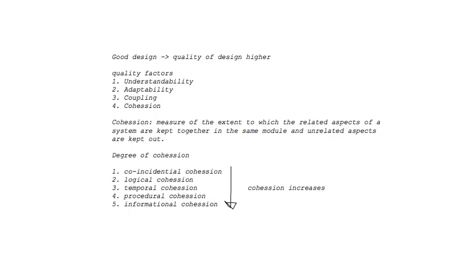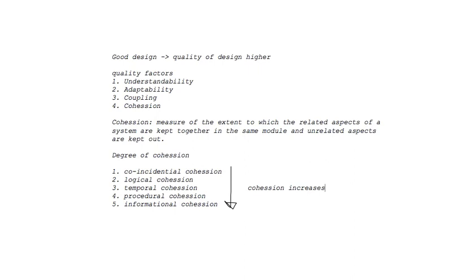So these are the different types of cohesion, and as it is said, cohesion increases from the first point to this point. Increasing cohesion, or higher cohesion, is expected for a good design.